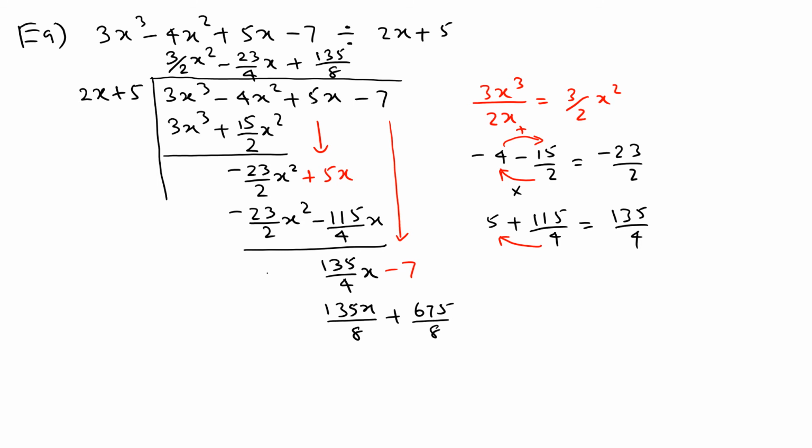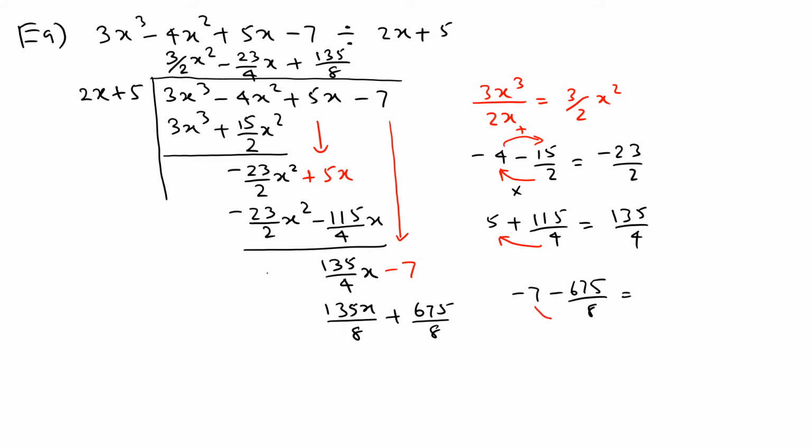You can see it is negative 7 minus 675 over 8, and when you simplify, you're going to multiply by 8.